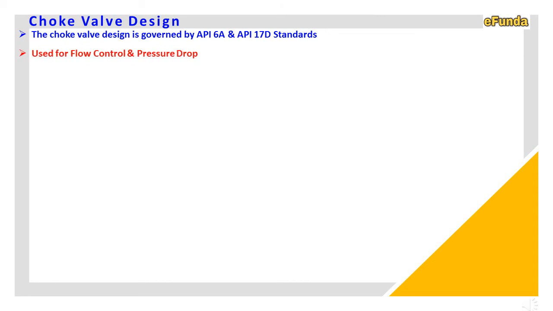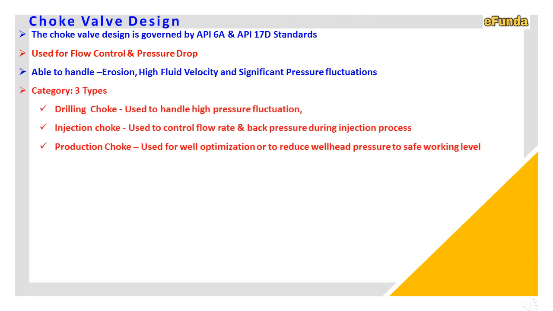Choke valve design. The choke valve design is governed by API 6A and API 17D standards. Used for flow control and pressure drop, the choke valve is able to handle erosion, high fluid velocity and significant pressure fluctuation. Categories of the choke valve.